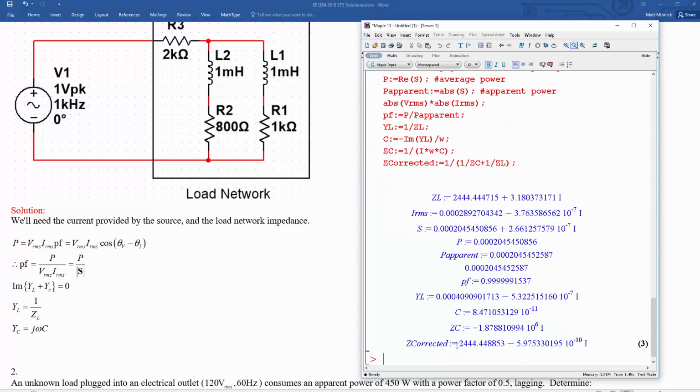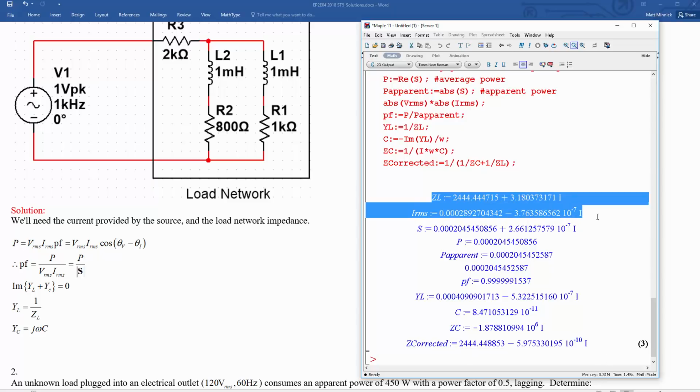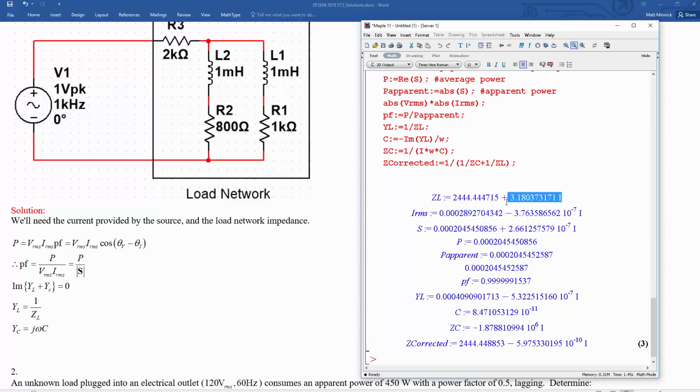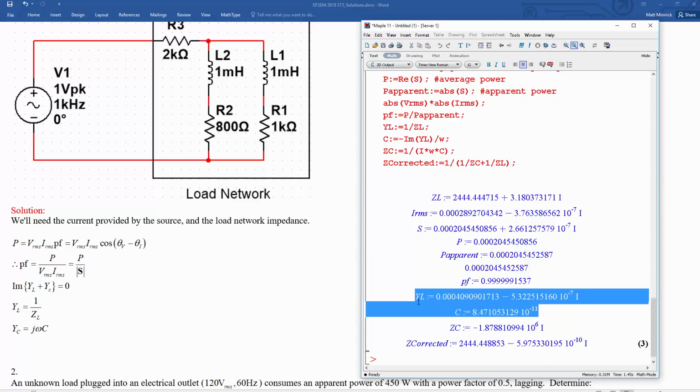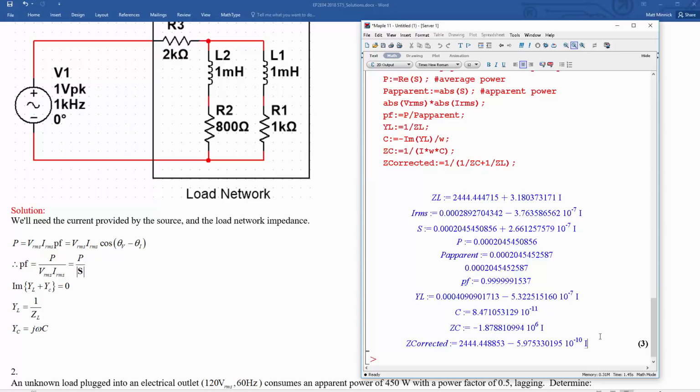So, well, I guess we're running into round-off error there, but we do have certainly a much smaller imaginary component than we had before, now 1e-10 rather than to the power of 1. So we've reduced the imaginary part of the load, and that means that with this capacitor added in parallel with this load, we've corrected it. And there you have it.